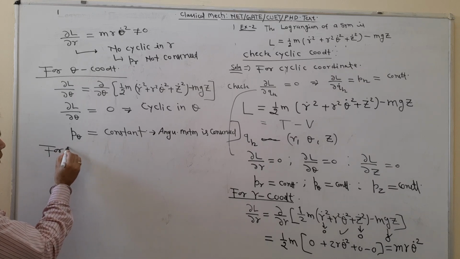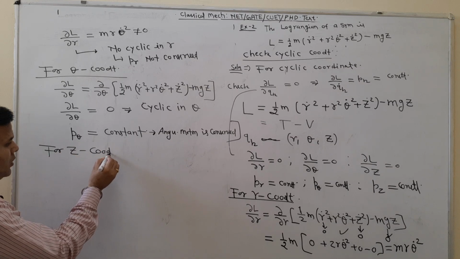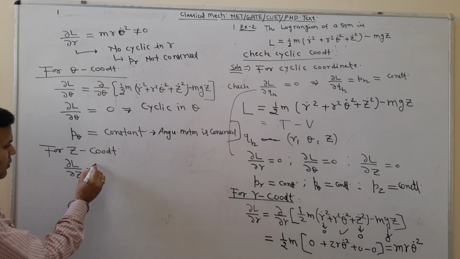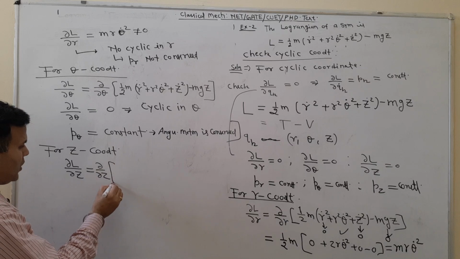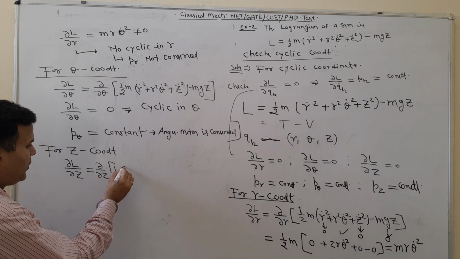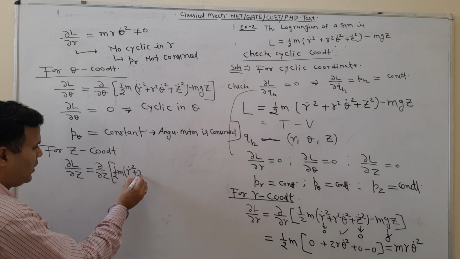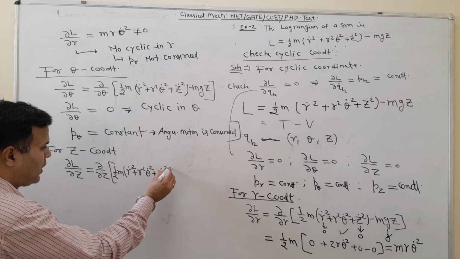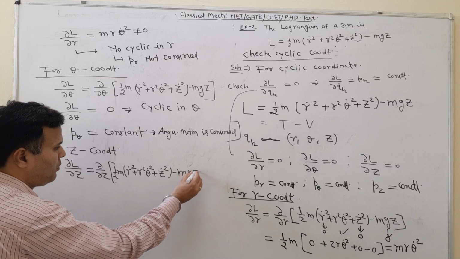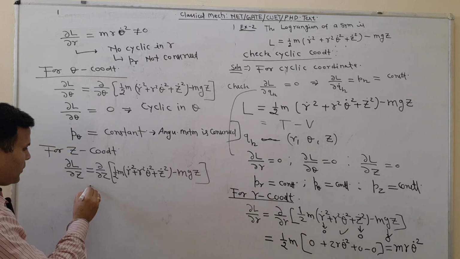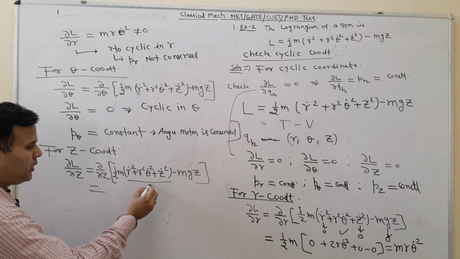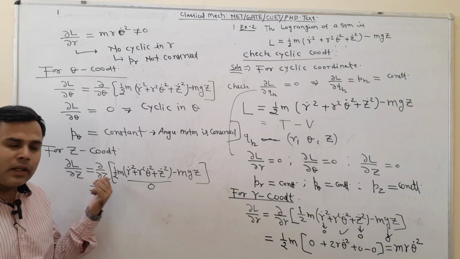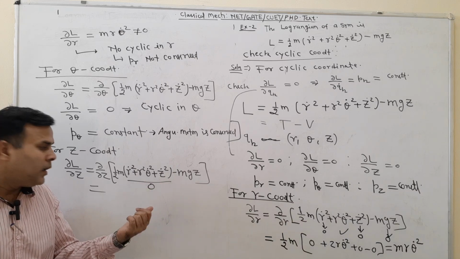So for the z coordinate, del L upon del z is del by del z of 1 by 2 m (r dot square plus r square theta dot square plus z dot square) minus m g z. This all will give 0, because we are differentiating partially with respect to z and treating the rest of the variables as constants.